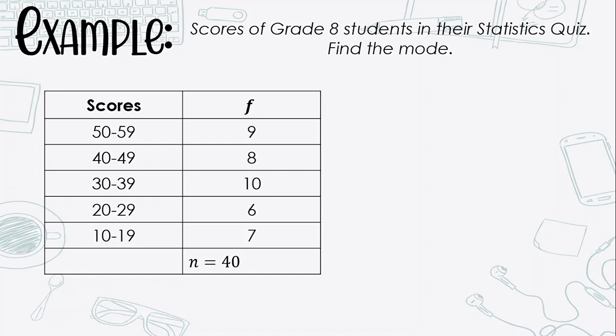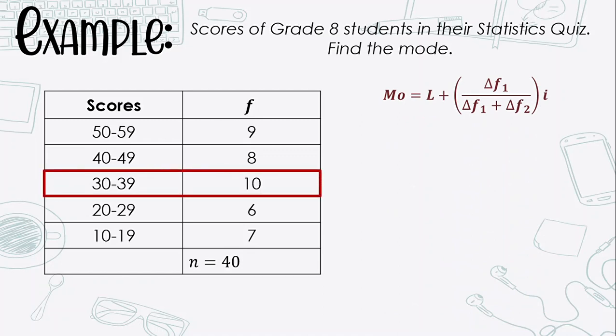Of course, it is the one with the highest frequency, which is 30 to 39. That is our modal class since it has the highest frequency, which is 10. So our modal class is 30 to 39.